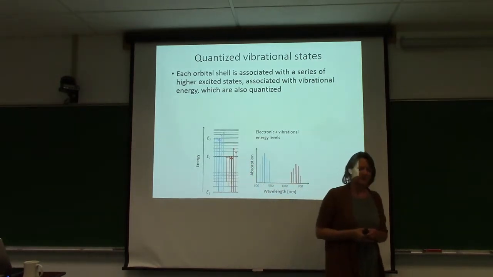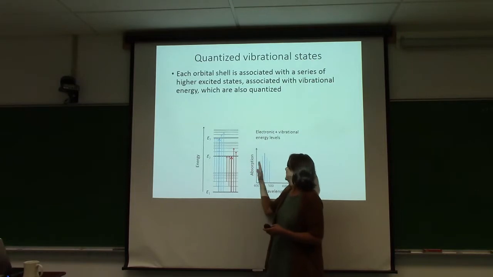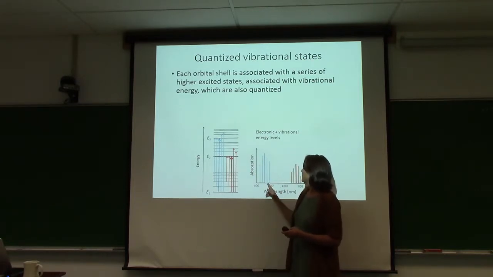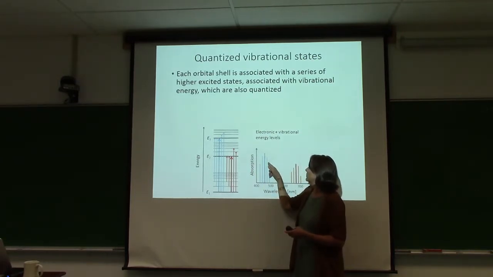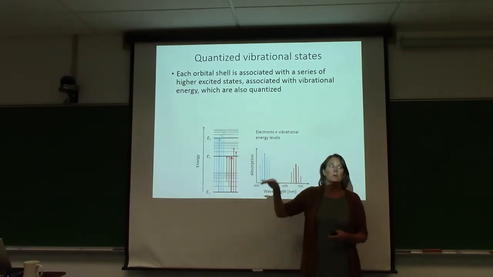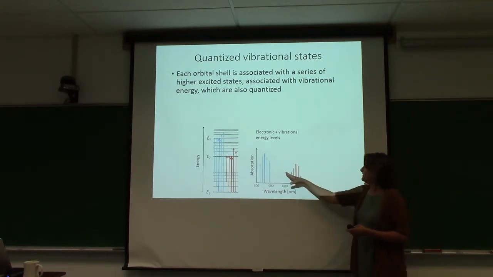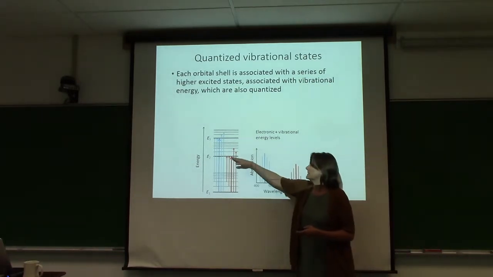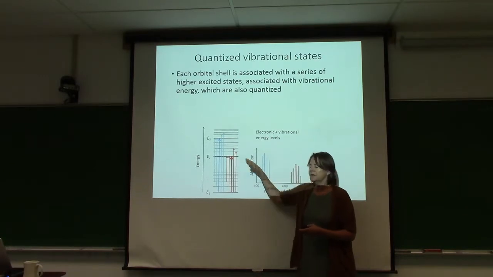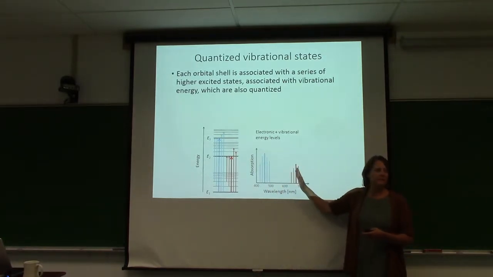Okay. It's not always true. Sometimes the preferred would be over here, and you'd have lower vibrational levels with lower absorption coefficients because of lower probabilities. And we can also have different vibrational states for the second electronic state. Okay. So now we're starting to see some spread here.